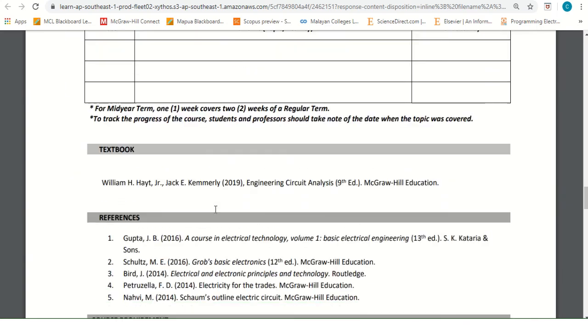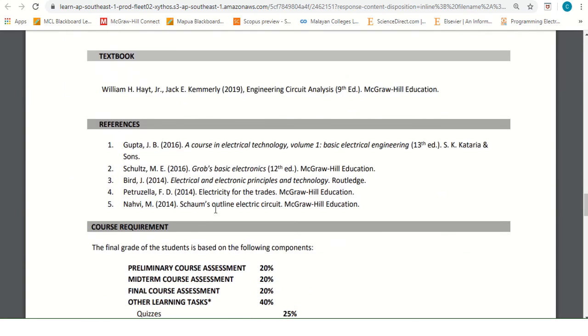Now, for the textbook, we recommend the use of Engineering Circuit Analysis by McGraw-Hill. The authors are William Hayt and Jack Kemmerly. You can actually download an e-copy of this textbook.